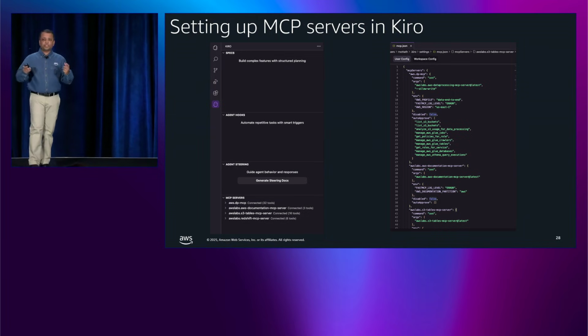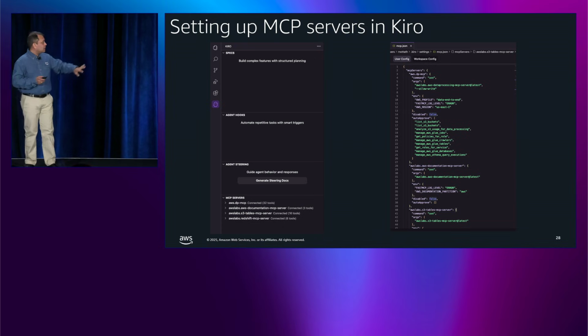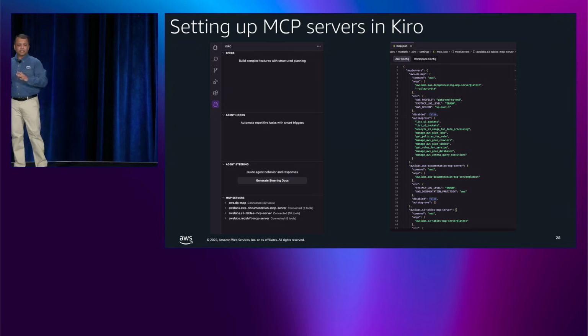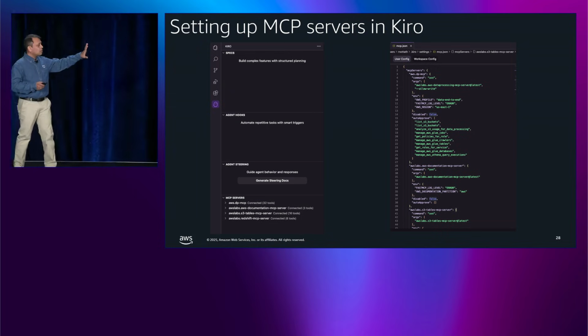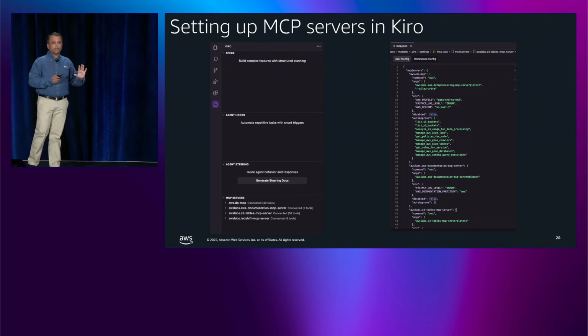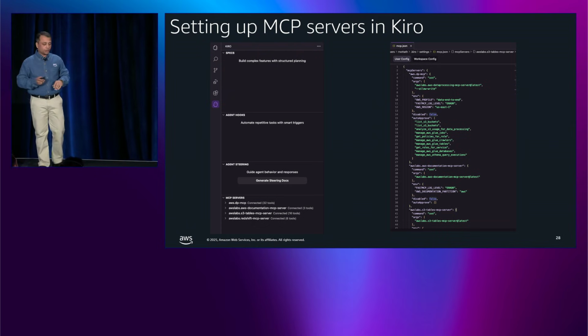For each one of those MCP servers, you will have a JSON block that you need to add. And you might see some of the auto-approve list and things like that. We will cover that later in the session. But this is how easy it is to configure the MCP server in your MCP host client, the MCP host application that you have.